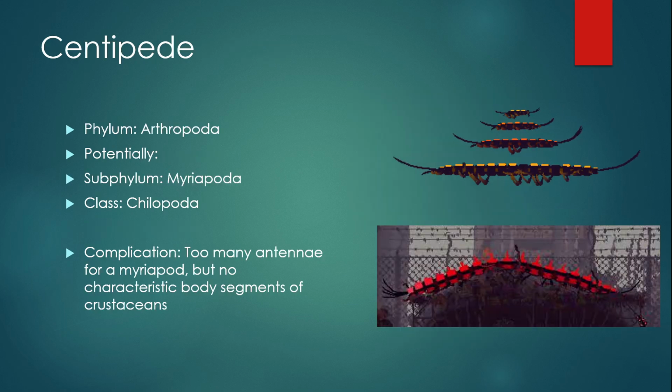Alright, centipedes. Centipedes are definitely in phylum Arthropoda, and potentially subphylum Myriapoda and class Chilopoda like real-world centipedes. The complications with this is that there are too many antennae for an arthropod. There are 4 antennae total, if you look closely, and 4 antennae is a characteristic of crustaceans, but they don't have proper body segments to be considered crustaceans.